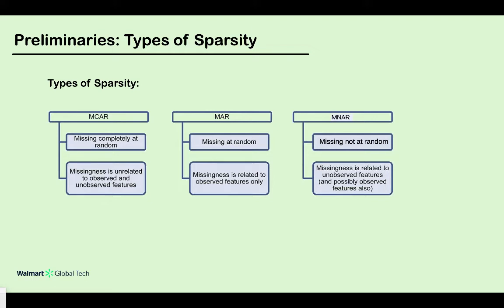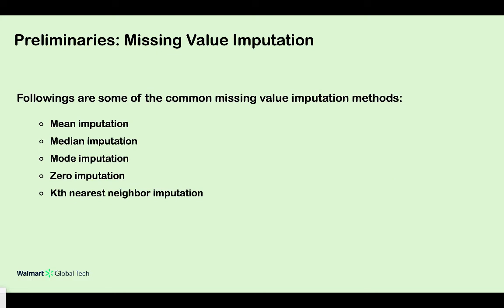The second type of missingness is called MAR, or missing at random. Here the missingness is related to observed features only. And there is a third type of missingness which we call MNAR, or missing not at random. Here missingness is related only to unobserved features and possibly some of the observed features as well.